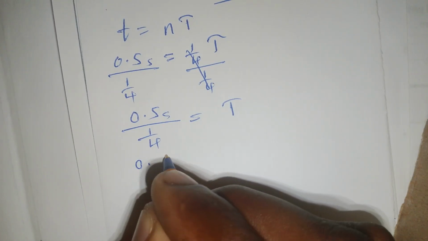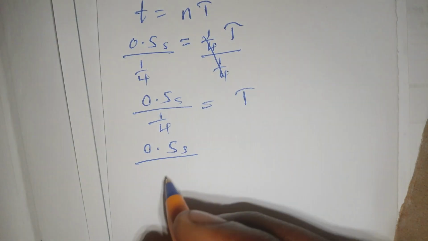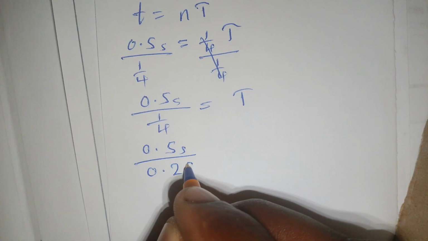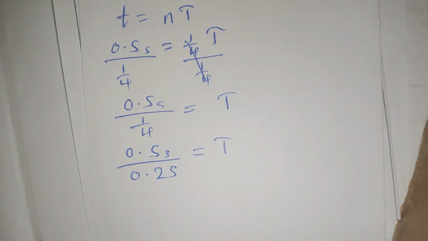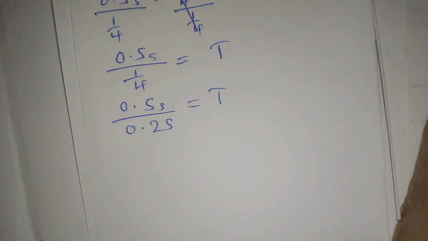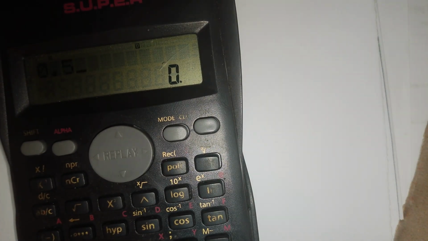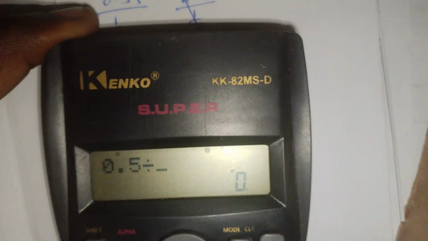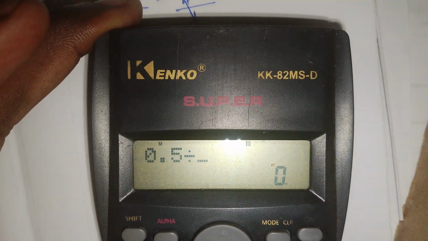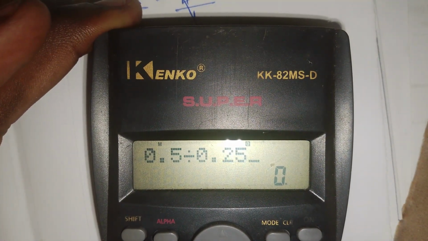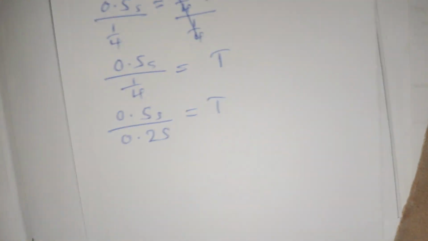So 0.5 seconds over 0.25 is equal to your period. When you divide that, you get the same answer, which is 2.